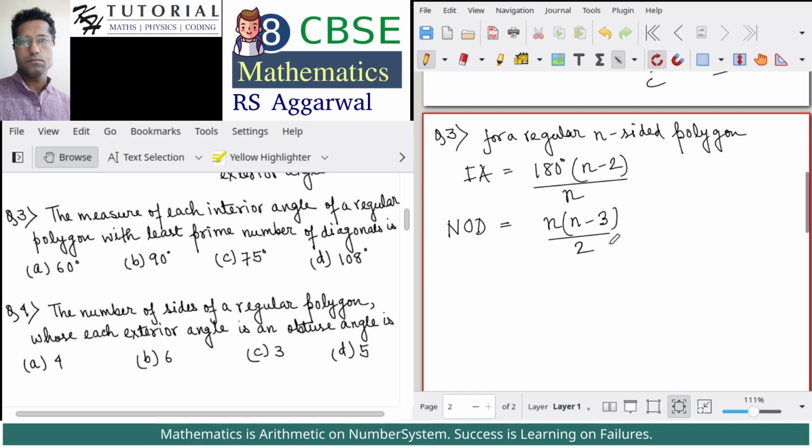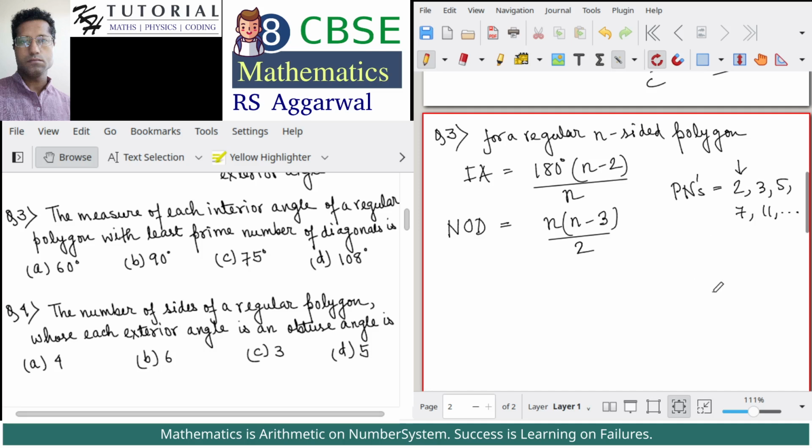So the regular polygon will have the number of diagonals which is the least prime number. Now the prime numbers are 2, 3, 5, 7, 11 and so on. So the least prime number is 2.